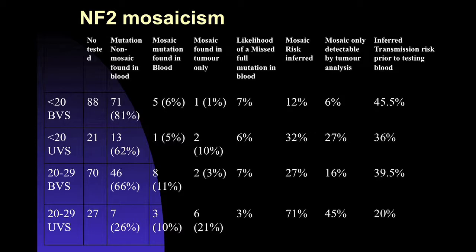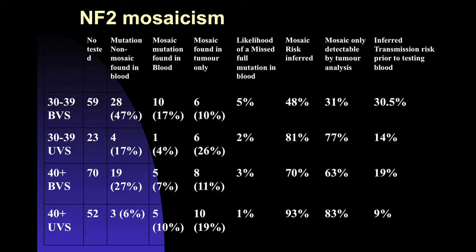So if you present with bilateral vestibular schwannomas under 20, there's only around a 12% chance you're mosaic. Whereas if you present with bilateral vestibular schwannomas over 40, there's a 70% chance you're a mosaic, and a 93% chance you're a mosaic if you present with a unilateral tumor and other NF2 features.